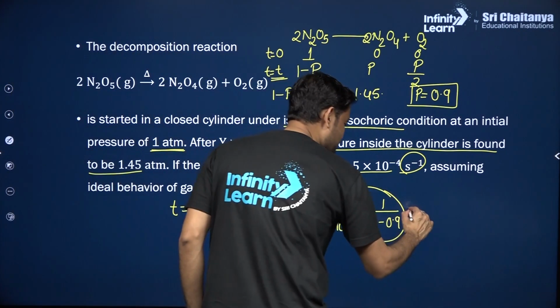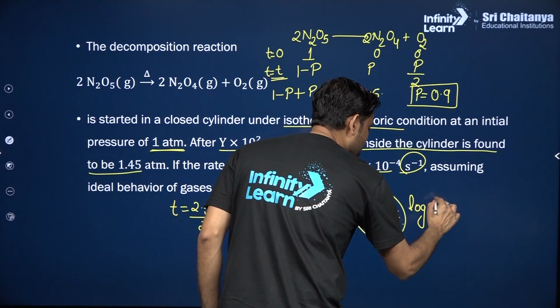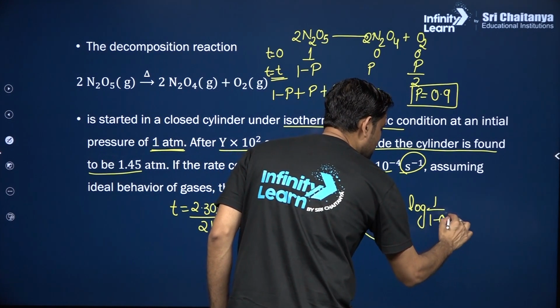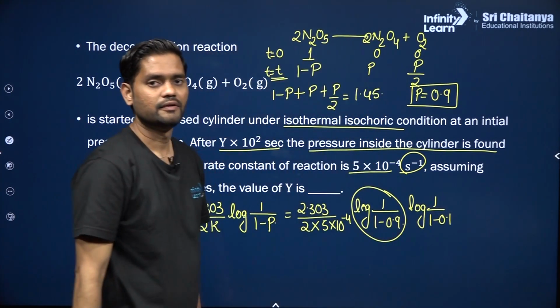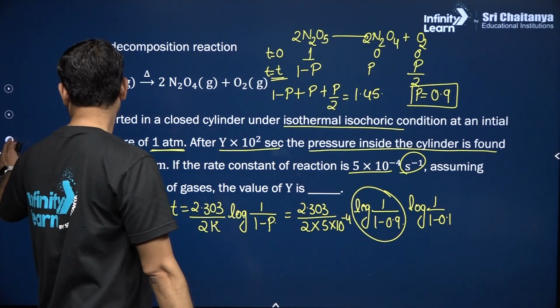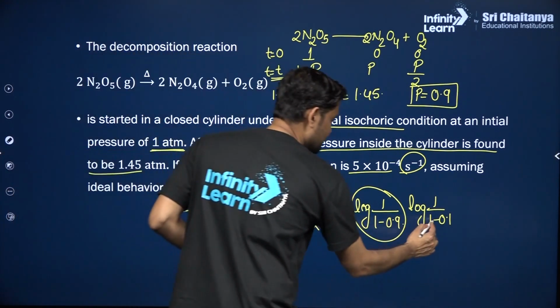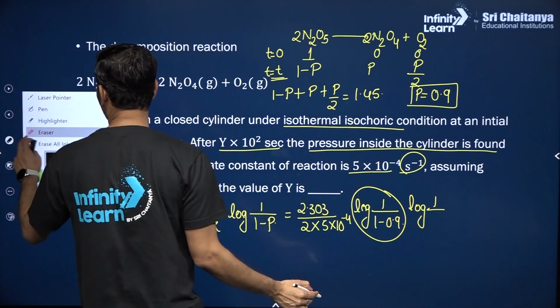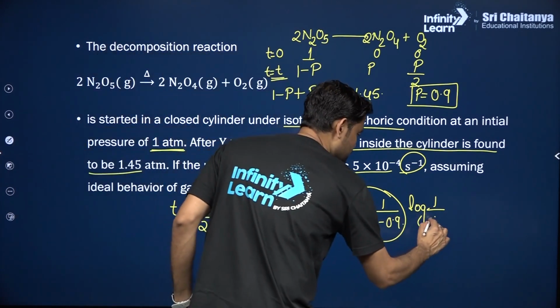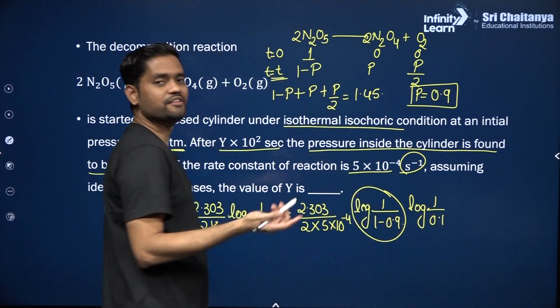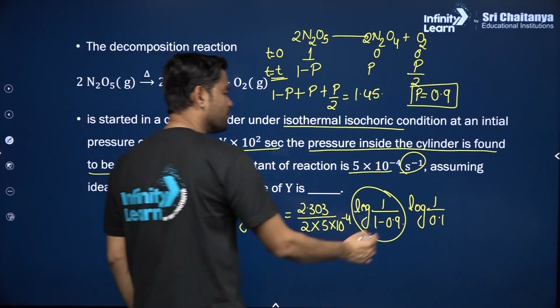Can I write this equation again as log of 1 by 0.1? Oh, sorry, extremely sorry. It will be 0.1 itself. 1 by 0.1 is 10, and log 10 is equal to 1.